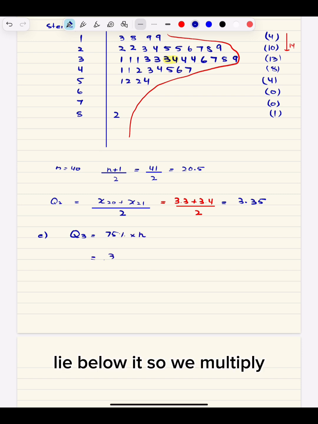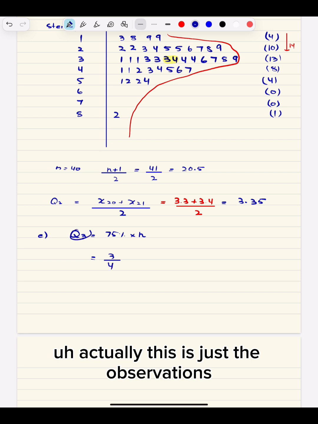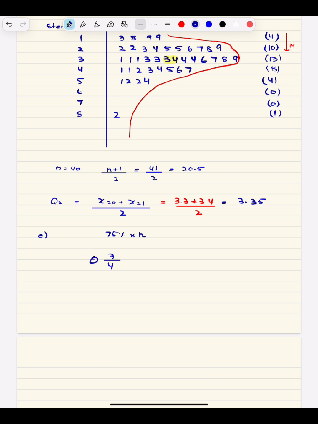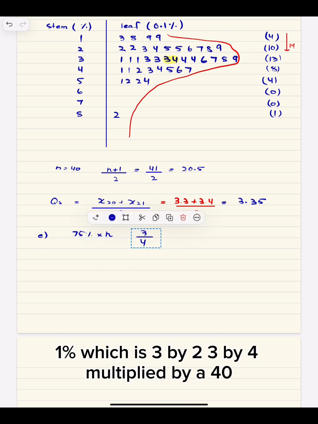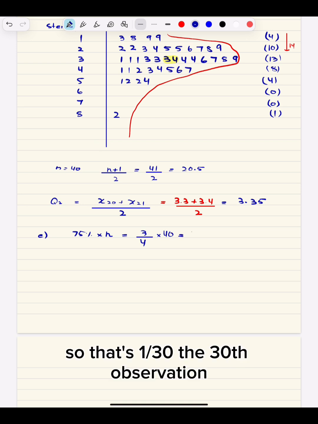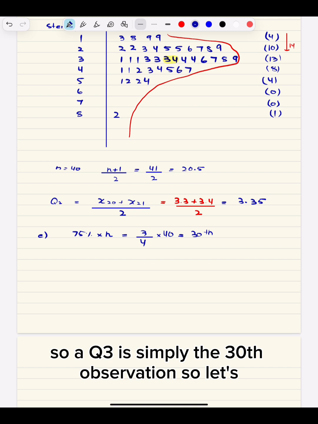So we take 75 percent, which is 3 by 4 multiplied by 40. So that's the 30th observation. So Q3 is simply the 30th observation.